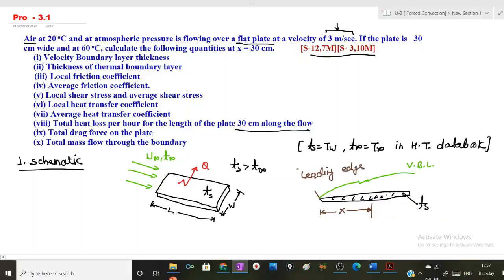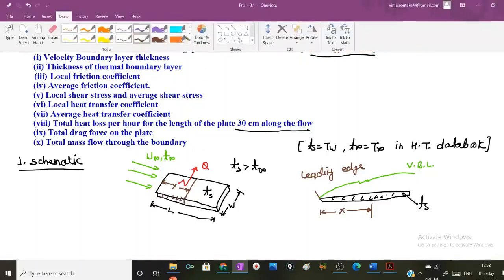Now mind well what I am trying to say. The entire length of the flat plate is capital L, width is W. But what problem is asking you? You are supposed to calculate some of the parameters at a distance x from the leading edge. Okay. So whatever parameters I am supposed to calculate at this local distance x, which is given as 30 centimeter. So this is the complete schematic of this problem.